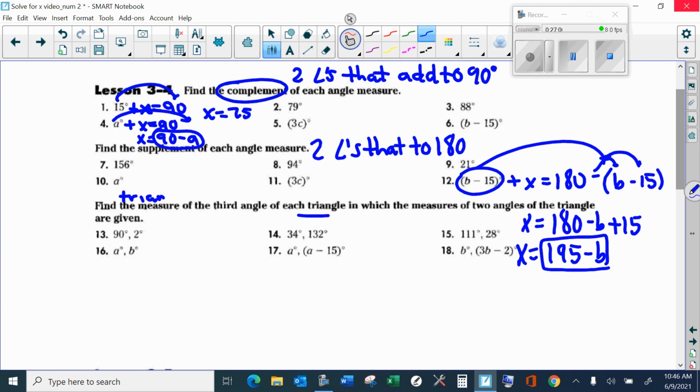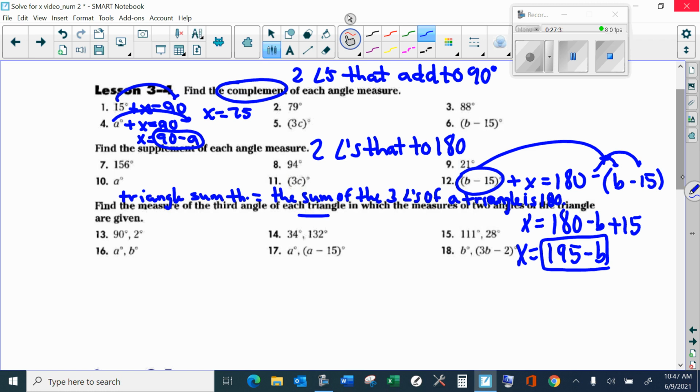Triangle sum theorem, TH for theorem: the sum of the three angles of a triangle is 180. You need to know that. You should have been taught that from elementary school onward.